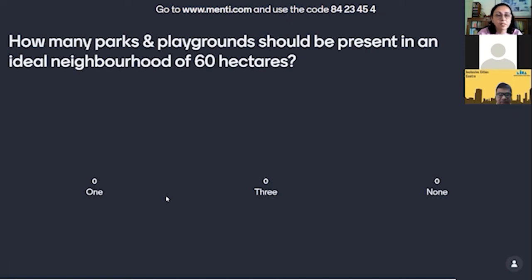आपने सबने बताया कि 3 तरह के ओपन स्पेसेस होने चाहिए in a neighborhood. So one of the types, obviously you remember, that was parks and playgrounds. How many of them should we have, we discussed the norms, guidelines for a neighborhood of 60 hectares. So how many parks and playgrounds should be present? Please refresh your screen again so you will be able to see the next question there.